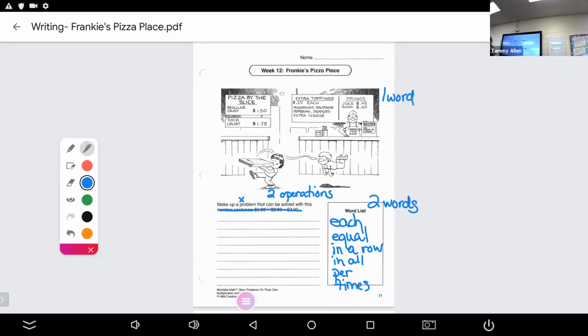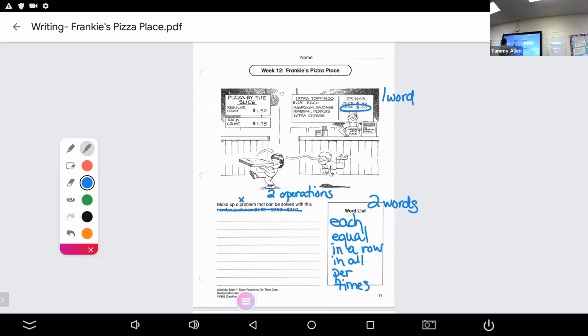So we go to the pizza place and look at what you can get. What would you like to order? Let's just figure out what we'd like to order. Jonathan, what would you like to order? Soda and pizza.